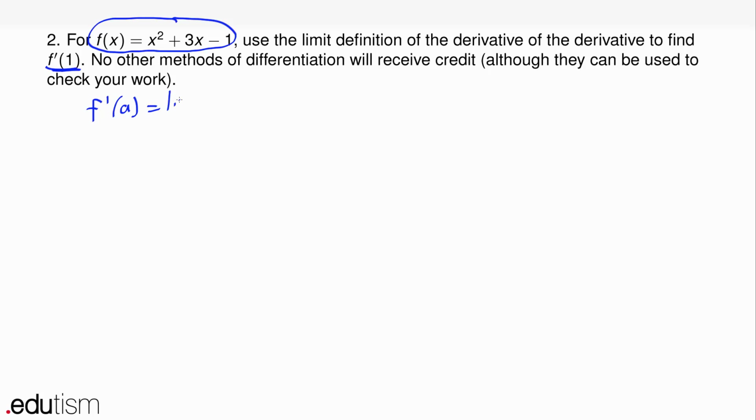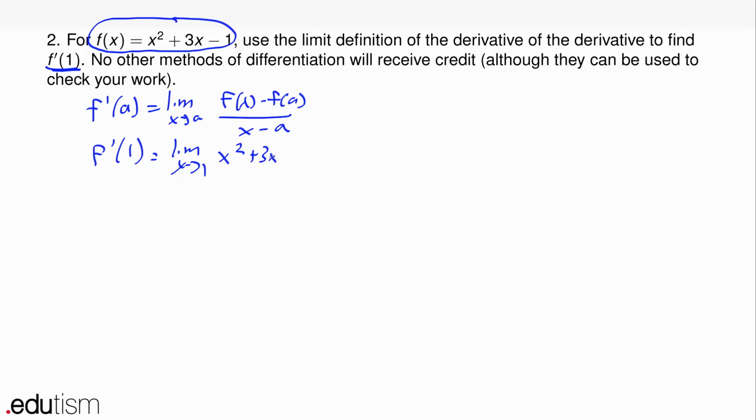F prime of a is the limit as x goes to a of f of x minus f of a over x minus a. So a here is 1. So f prime of 1 is the limit as x goes to 1 of f of x, which is x squared plus 3x minus 1, minus f of a, which is 1 squared plus 3 times 1 minus 1, all over x minus 1.